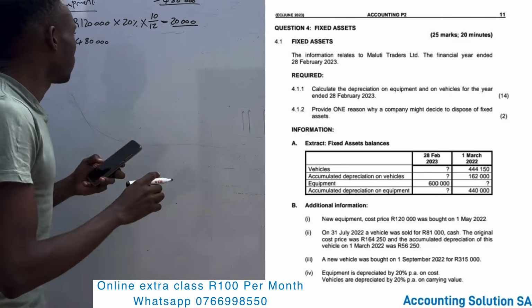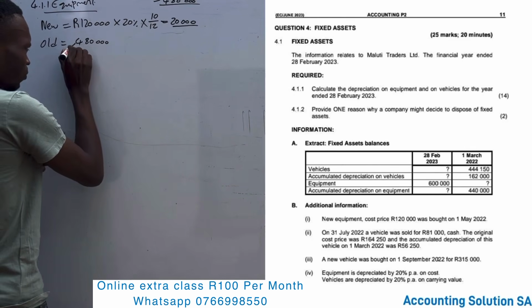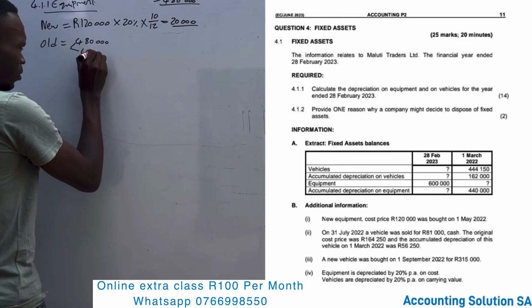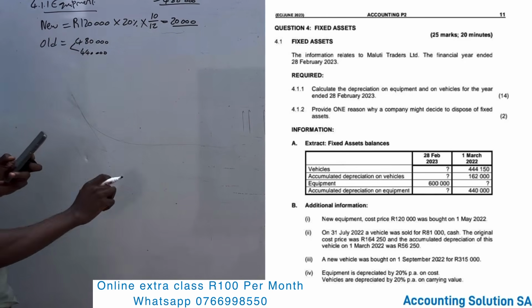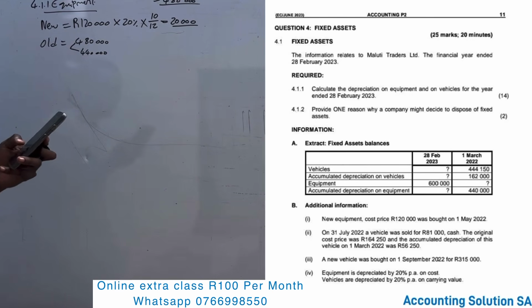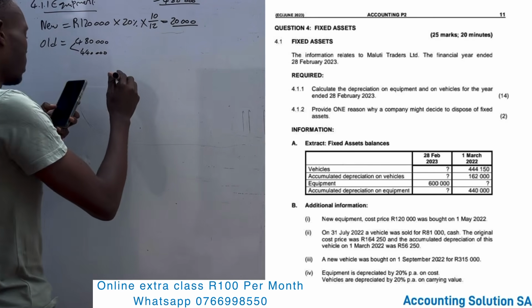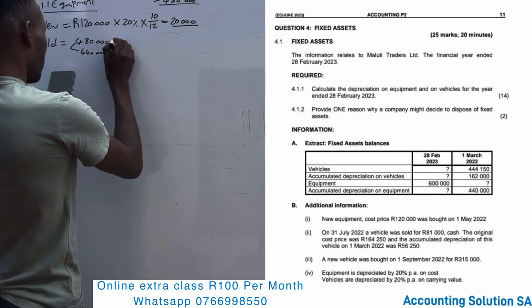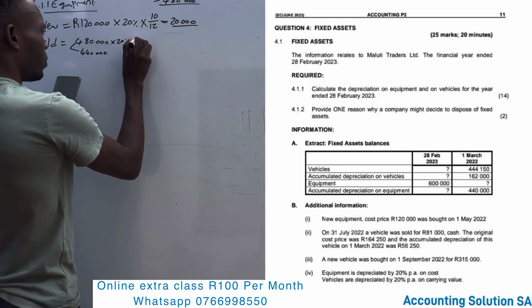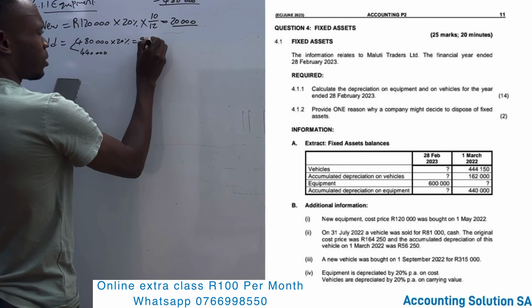Now you have to compare these two. If you calculate another depreciation using 480, you say 480 multiplied by 20%, which is going to give you 96,000.